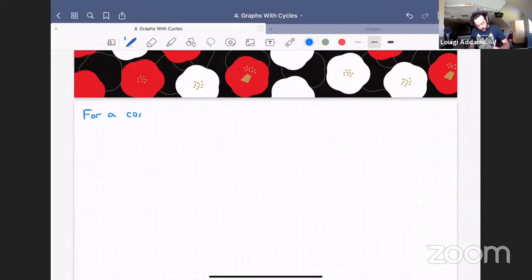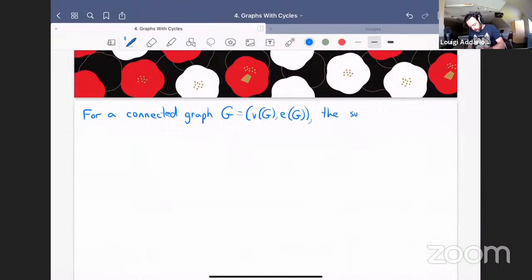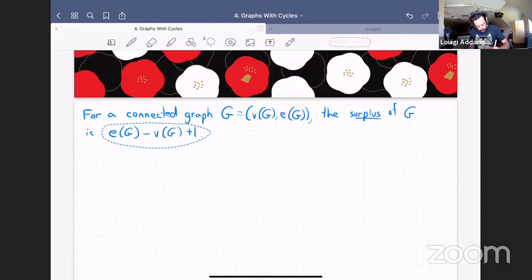So if I give you a connected graph G with vertices V and edges E, then the surplus of G is the number E of G minus V of G plus 1, which is the number of edges more than a tree that G has.